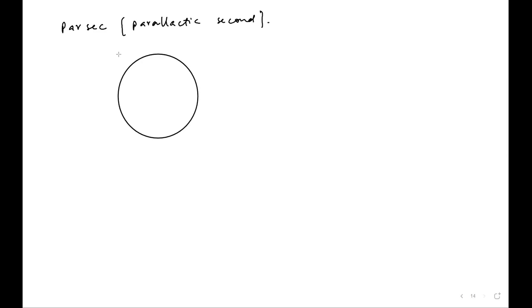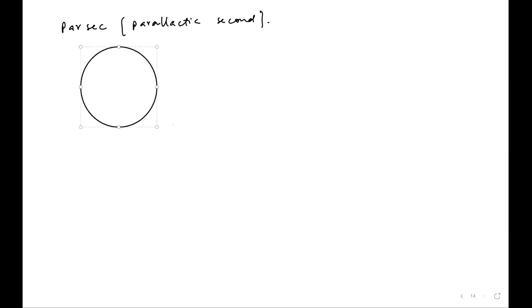Next is parsec, or it is short form of parallactic second. Suppose you have a circle. This is first radius. This is second radius.